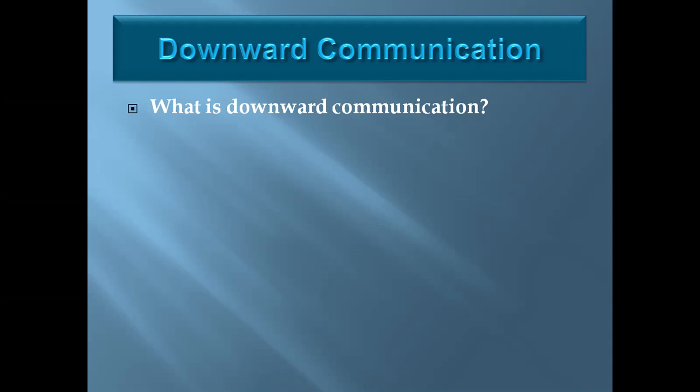It means how message is generated and how it is transferred from one position to another position. In simple words, when the information flows from higher levels of authority to lower levels of authority, that is called downward communication.